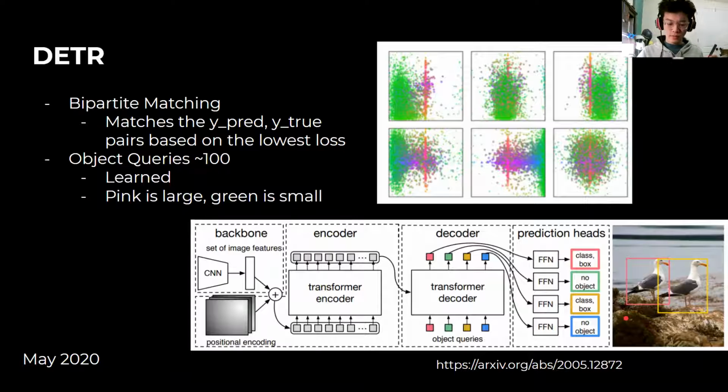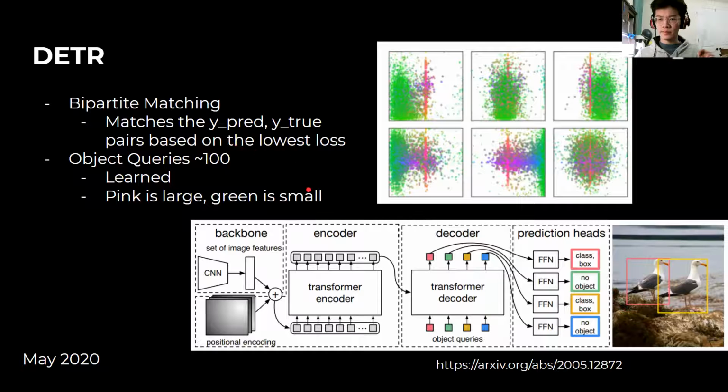And also, when we look at different positions, are we saying the position matters or doesn't matter? The answer is that position should not matter within the loss, because you can say in the first object query that there's a seagull here, but you can also say in the second object query that there's a seagull, so it shouldn't matter.